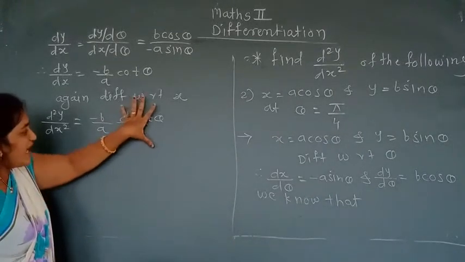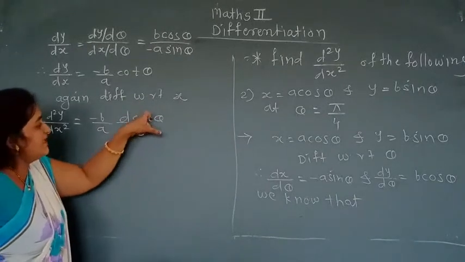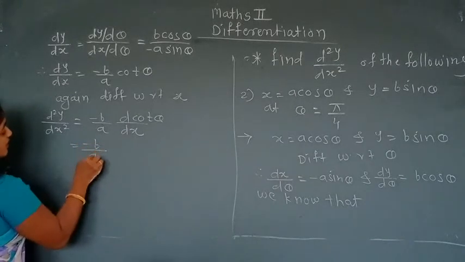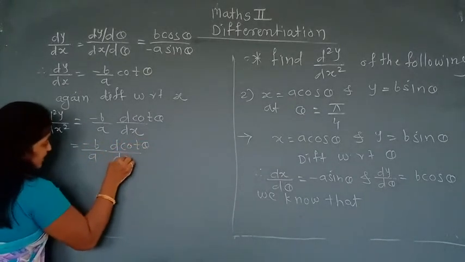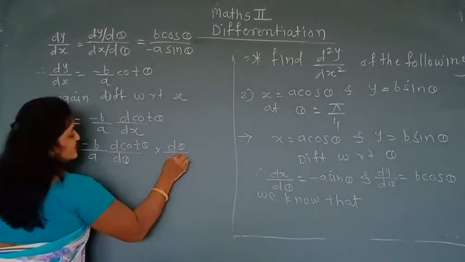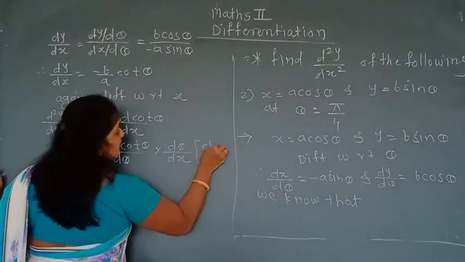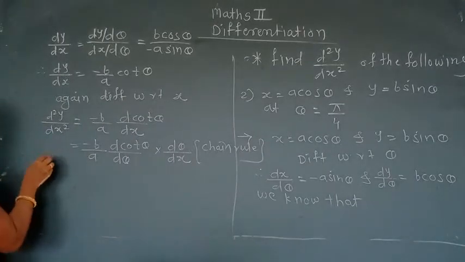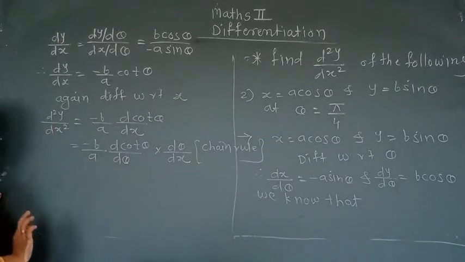So we can use a composite function because the x variable depends on the theta variable. So how to use it? The derivative of cot theta with respect to theta multiplied by d theta by dx. So we use the chain rule. This is a very important step for the double derivative of y with respect to x square when your function is in parametric form.